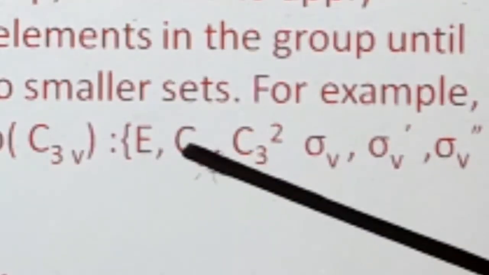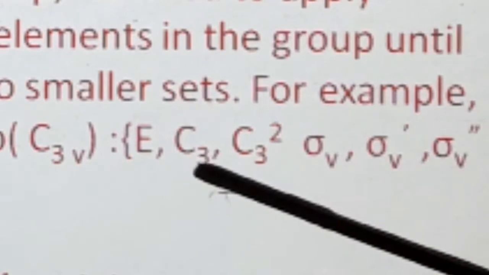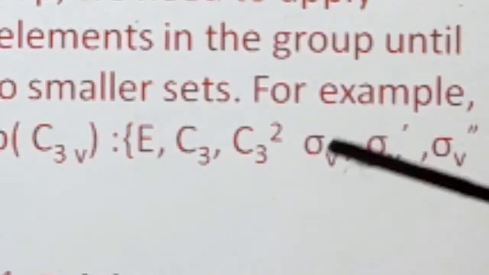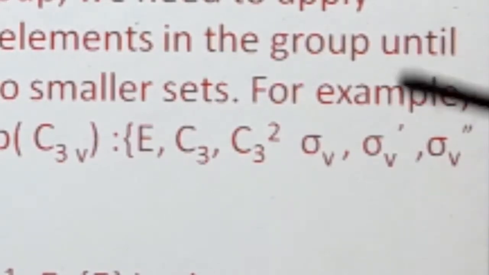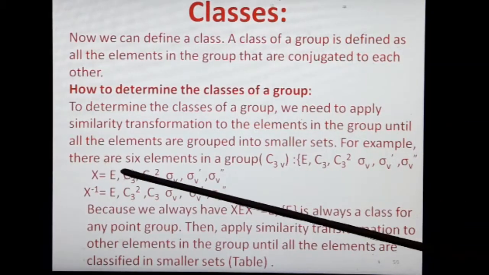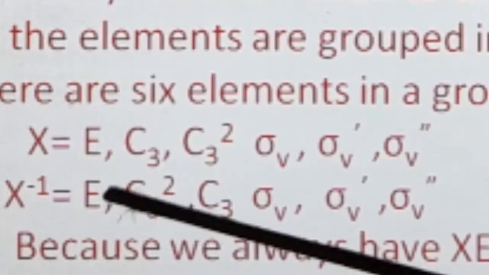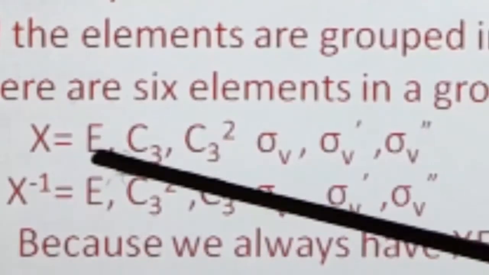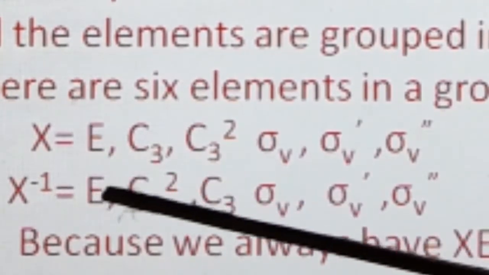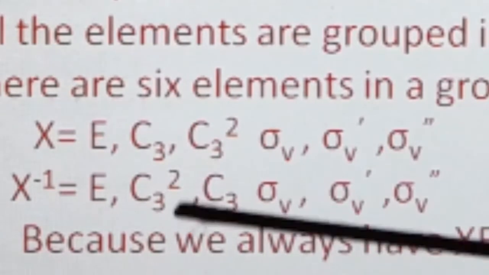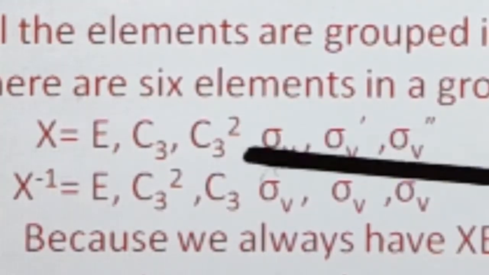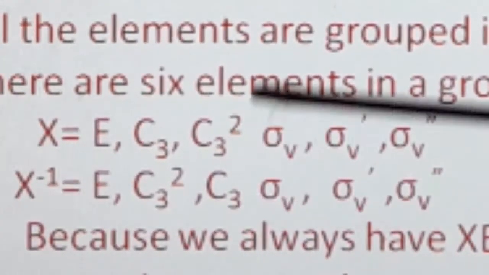The elements are E, C3, C3 squared, sigma v, sigma v dash, sigma v double dash. So this is the X. Now X inverse. The inverse of E will be equal to E. The inverse of C3 will be C3 squared, and the inverse of C3 squared will be C3.